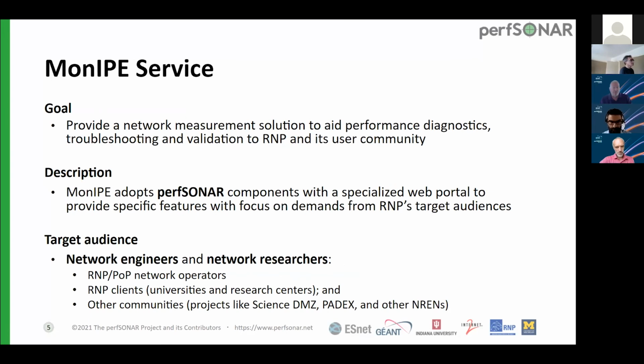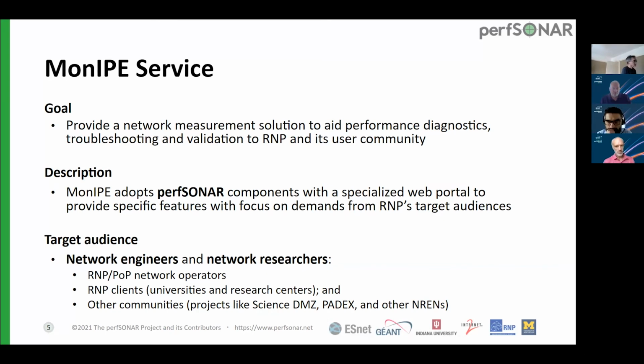So regarding the MonIPE service, it's currently our perfSONAR deployment. We use it to diagnose and aid troubleshooting on our backbone, and also for some of our communities, our client institutions. We currently adopt perfSONAR as a component, and we do some very specific tunings and different portals for specific audiences, but that's something we're trying to contribute back to perfSONAR in the midterm.